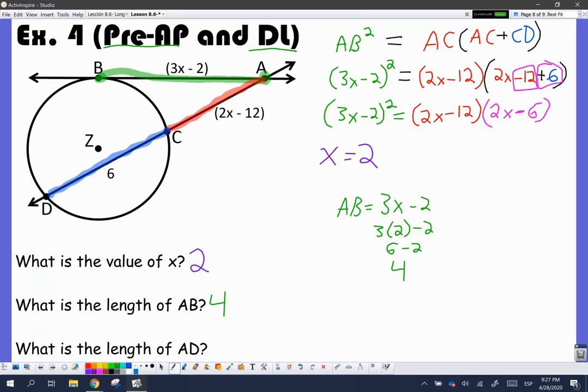Now the length of AD, we need to add those, right? But we also remember that this part is AD because I added the exterior and interior segments. So I'm just going to use that. I have 2x minus 6, and that's going to be for AD. And I substitute my value of x, which for some strange reason is going to give me a negative answer.